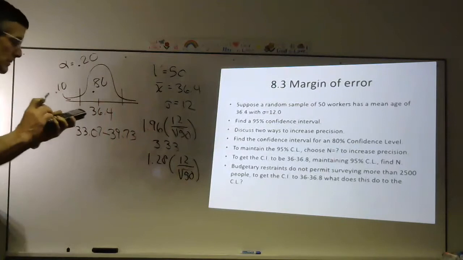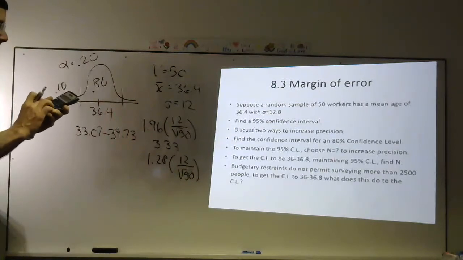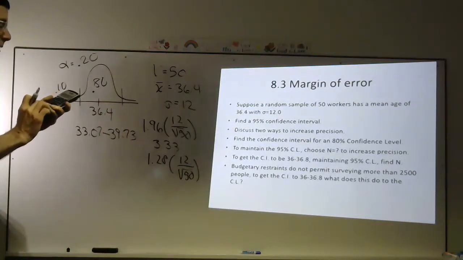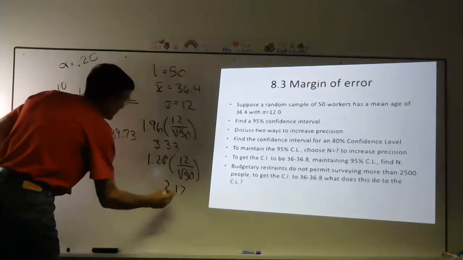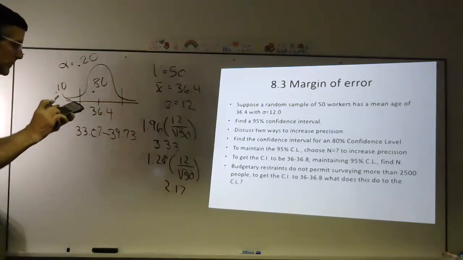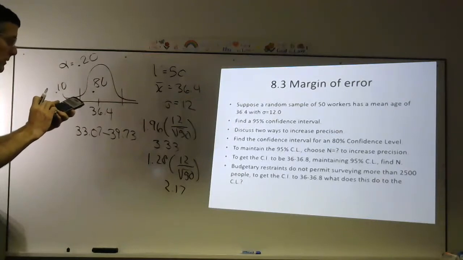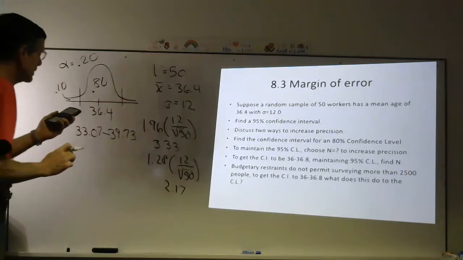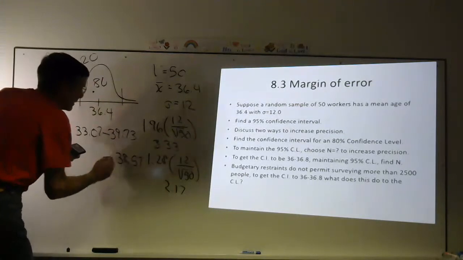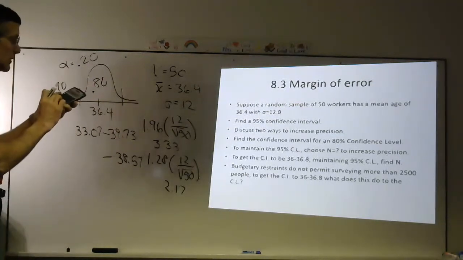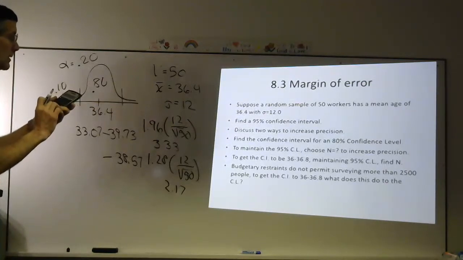Here we go. 1.28 times 12, answer divided by the square root of 50, and I get 2.17. 2.17 is what I add on to 36.4, and I get 38.57.